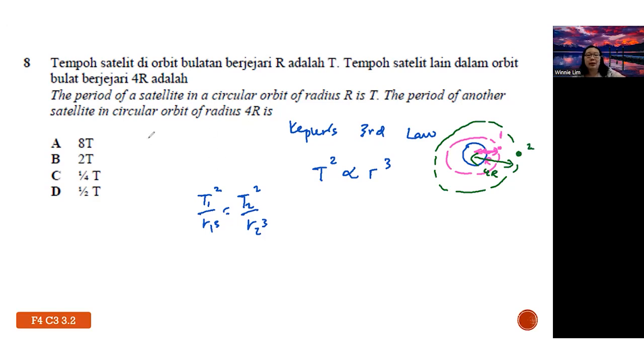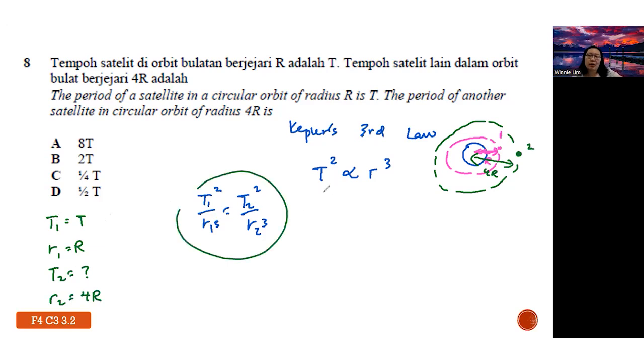Assuming now we write aside, your T1 is T for this context, while your R1 is capital R. Then they want you to find what? T2, the unknown. And your R2 is basically 4R. Okay, so now we're going to substitute into this equation.